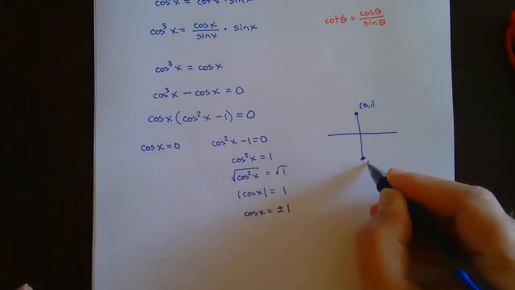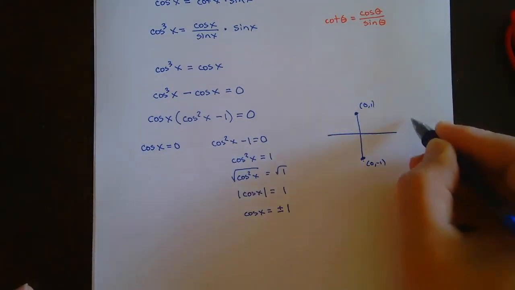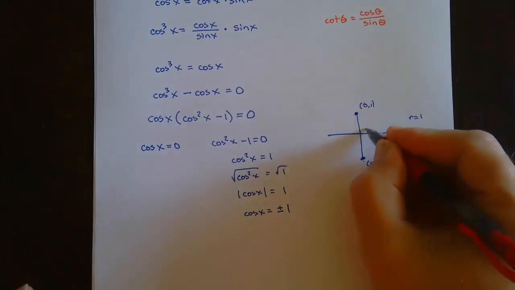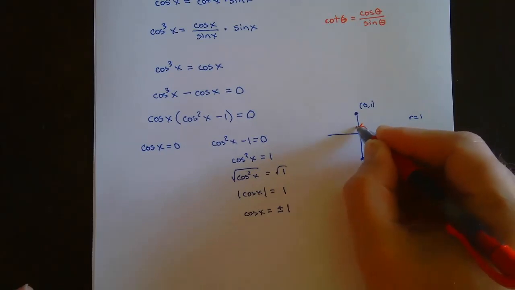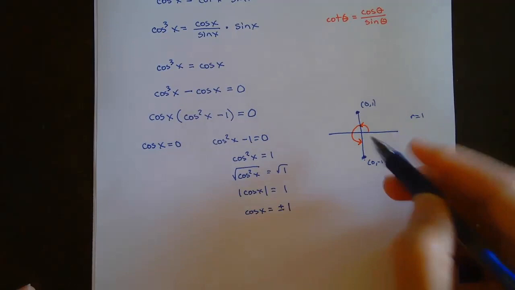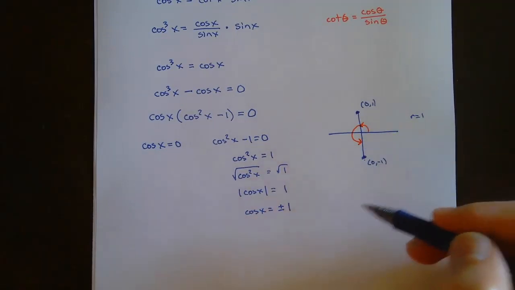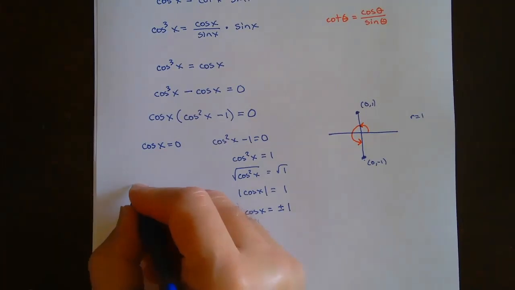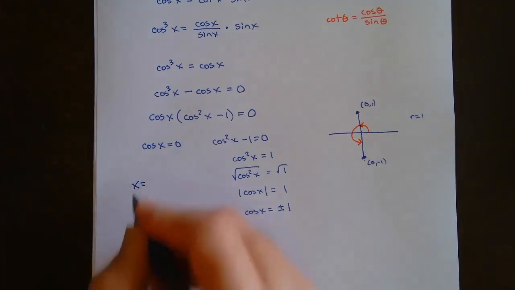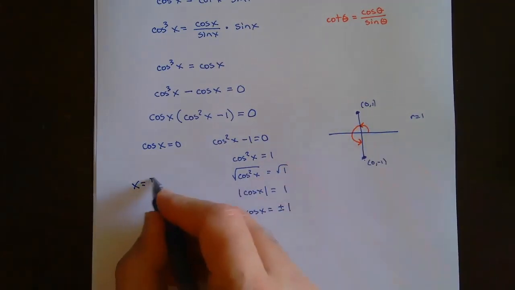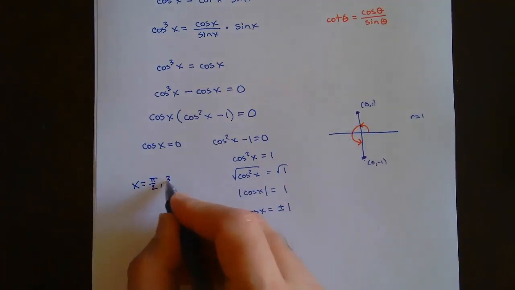This point right here would have coordinates 0, negative 1. Remember, my r is equal to 1. So my angles of rotation would be this angle, or if I kept going, this angle. Both those two angles would produce a cosine ratio that would be 0. So what does that mean this x is? This x could be pi over 2, because that's what this angle is, or 3 pi over 2.